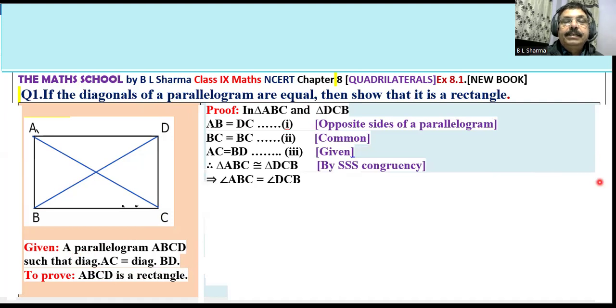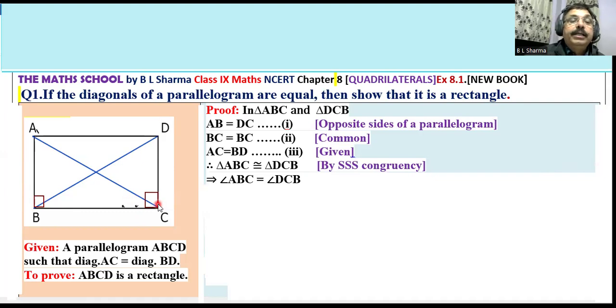By CPCT, angle ABC is equal to angle DCB. See this one. This angle is equal to this angle. But we know that the sum of angle B plus angle C is 180 degrees.